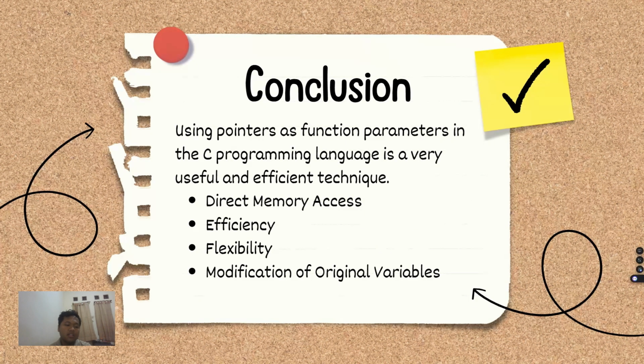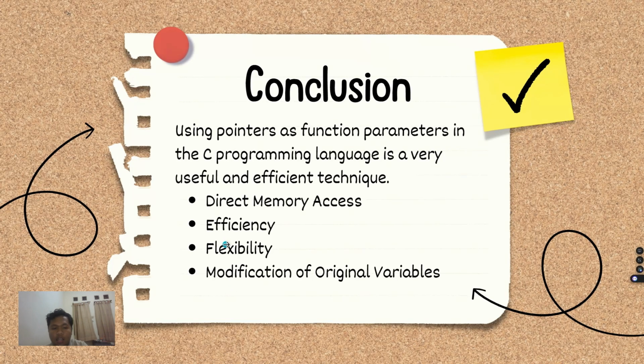So why is this important? Why do we need to learn this? Because instead of copying a large amount of data, you can pass a pointer to the data, which is more efficient in terms of both memory in your computer and the processing time it takes.